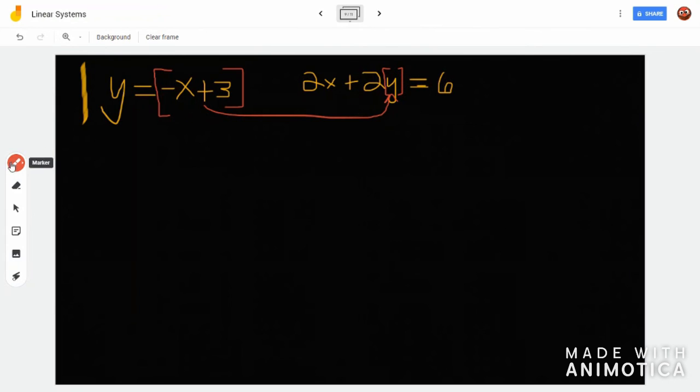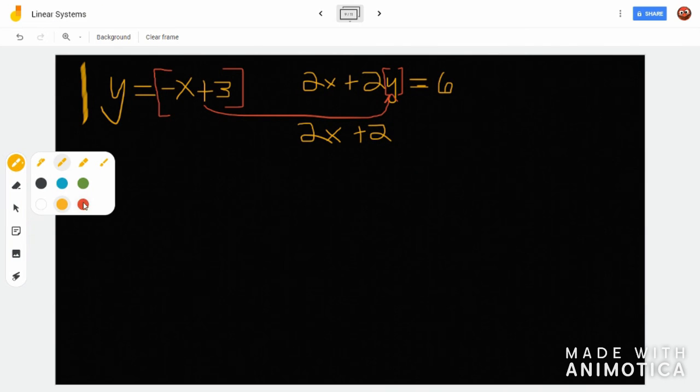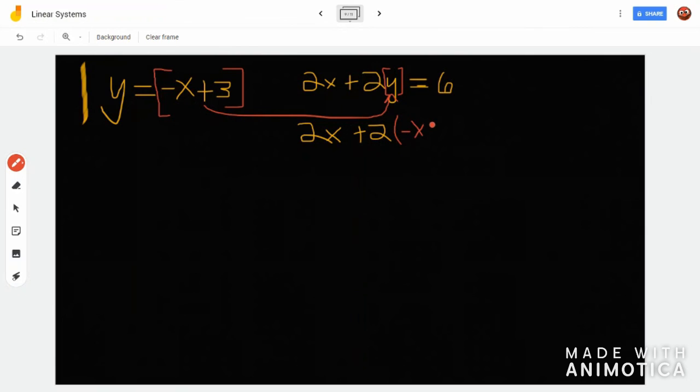And let's go for it. So we'll have 2x plus 2 times y, which in this case is -x plus 3. And that is equal to 6.